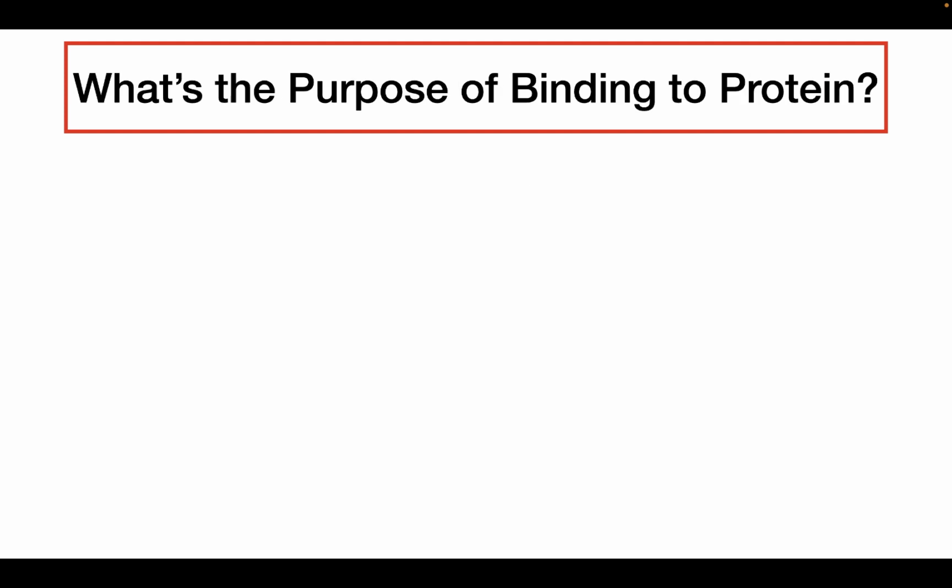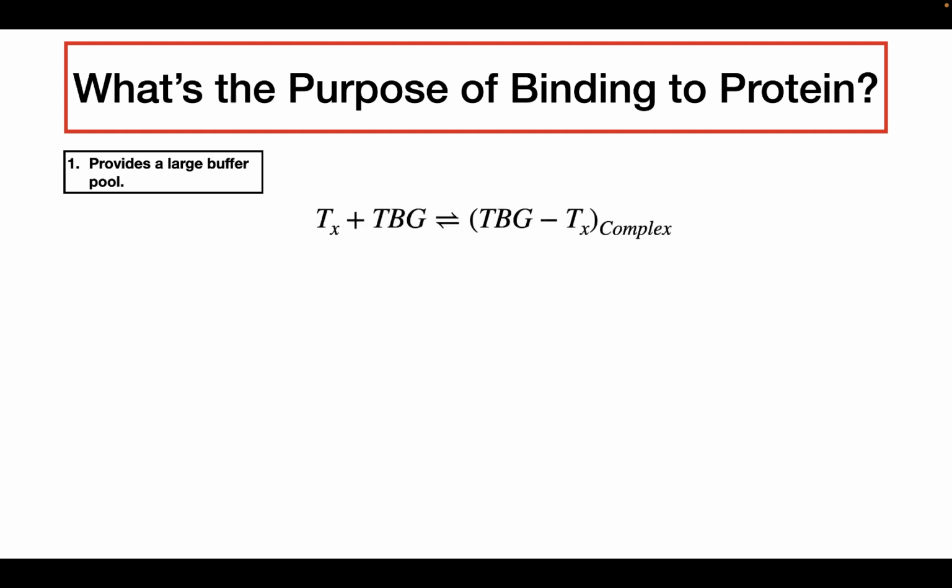The next thing that I would like to look at is the purpose as to why thyroid hormone binds to proteins. The first purpose is that by binding thyroid hormone to proteins, this is going to provide a large buffer pool of thyroid hormone in the blood. So what do I mean by this? Let's just say we have our equilibrium expression here, and let's just say that the body is using a lot of thyroid hormone, so the concentration of free unbound thyroid hormone in the blood decreases.